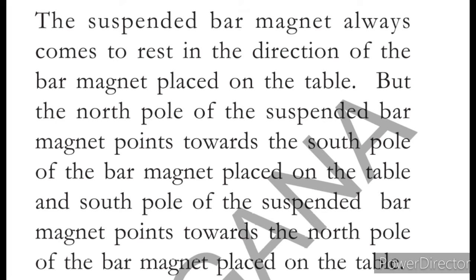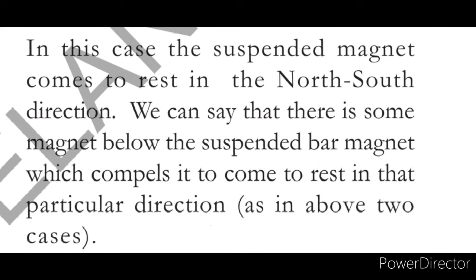The suspended bar magnet always comes to rest in the direction of the bar magnet placed on the table, but the north pole of the suspended bar magnet points towards the south pole of the bar magnet placed on the table, and the south pole of the suspended bar magnet points towards the north pole of the bar magnet placed on the table.